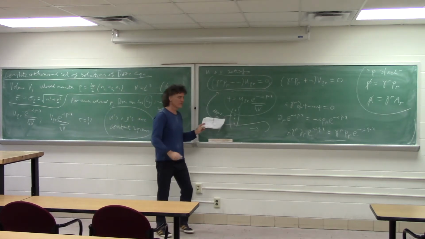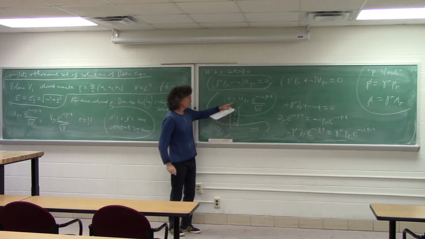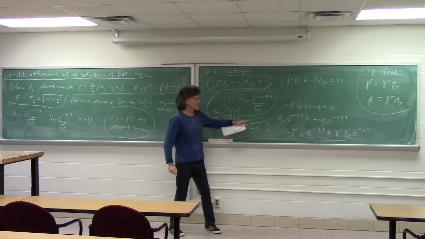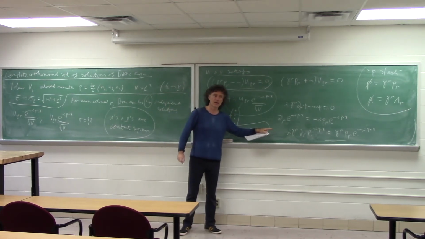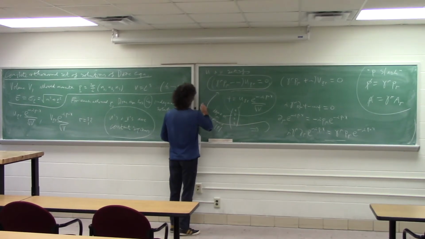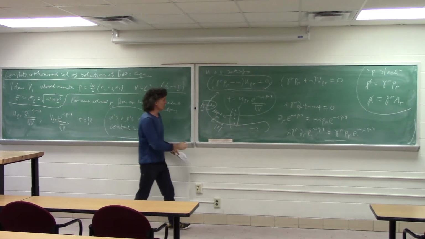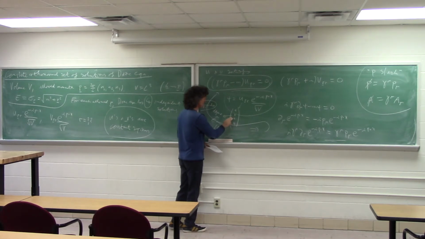If you're interested in some examples, the expressions depend on the representation of the gamma matrices. You can look in the appendix of the book. But the point is they're constant spinors, their entries depend on the energy and the momentum.